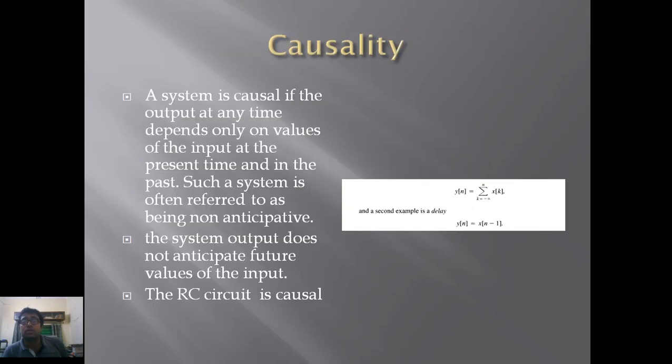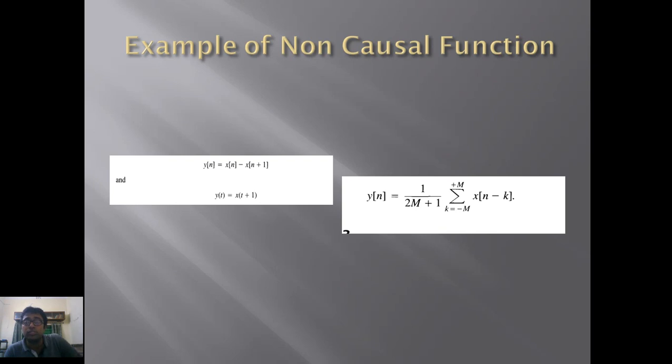And in case of a non-causal function, now it's vice versa. If you consider a non-causal function, it means it will be an anticipative function. In case of a non-causal function, we will consider the future value of the input signal. According to the input signal, we can predict the future value of the output signal.